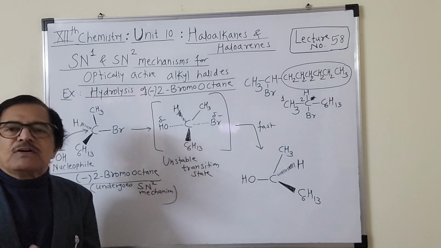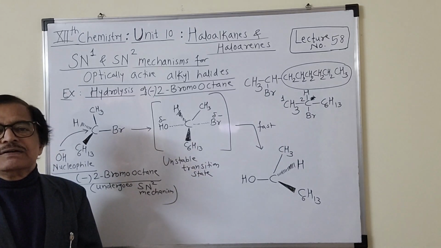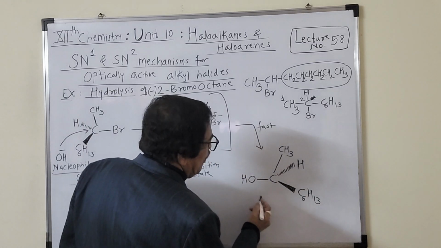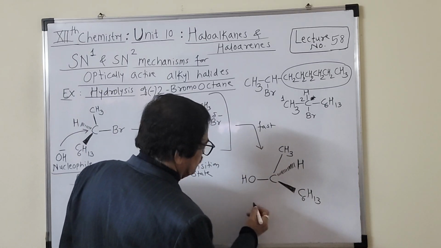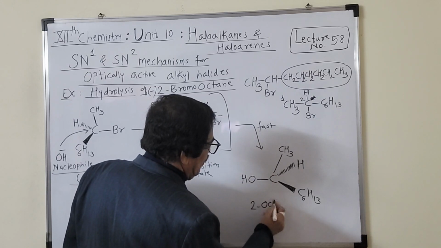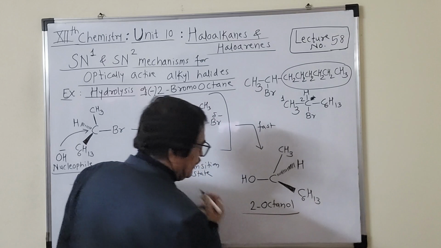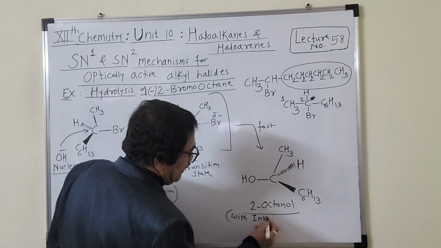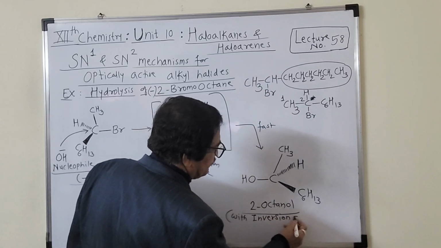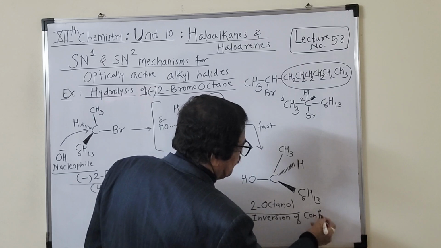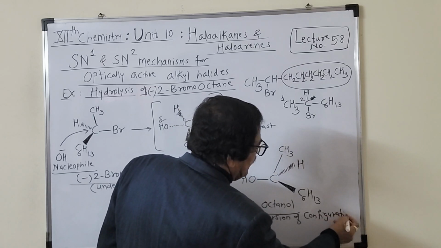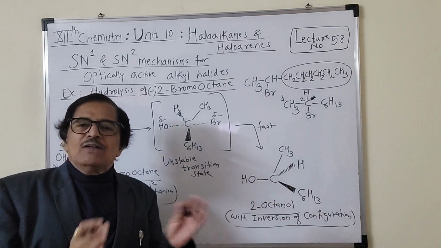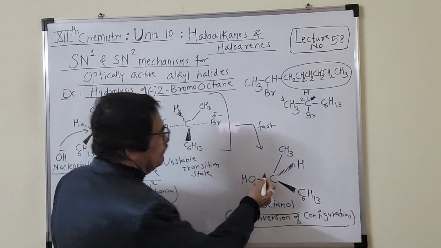In SN2 there is inversion of configuration. Now the important thing is that this is 2-octanol, the alcohol formed, and this is with 100% inversion of configuration. And if inversion of configuration is there, non-superimposable forms may form.